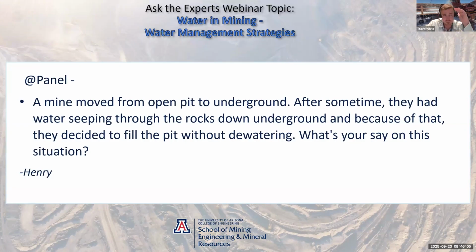The potentiometric surface, the height to which that water level will reach, will increase because you've now consumed a portion of the void space with coarse rock. So structures that would otherwise not have water seeping through will now have water in contact with them and potentially open additional conduits or routes for water to enter the underground workings.